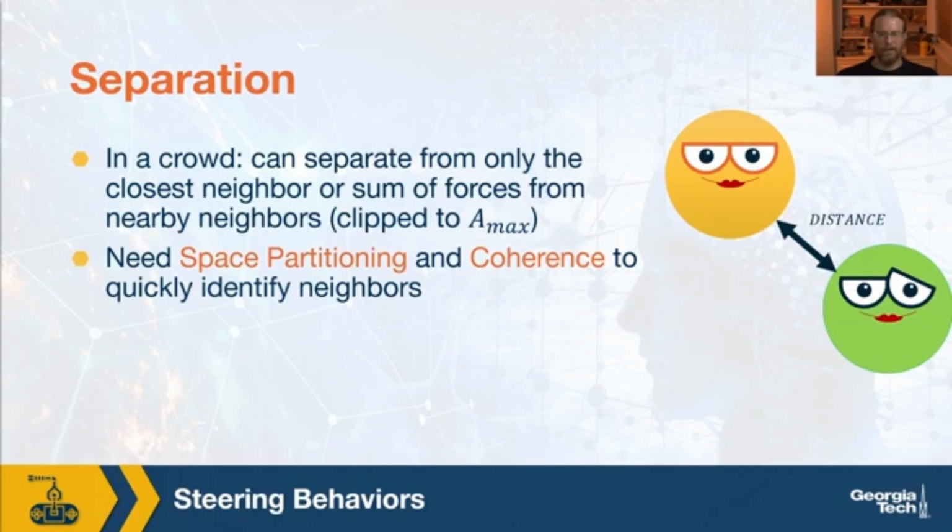So if our agent is currently in a cell, we'll look at the list of entities within that cell, and we'll look at the entities up, down, left, right, and then the four angled directions. That would be our neighborhood. And of course, as agents move around each frame, we need to leverage coherence to track as they move from one bin to the next, deleting from one queue and adding to another queue.